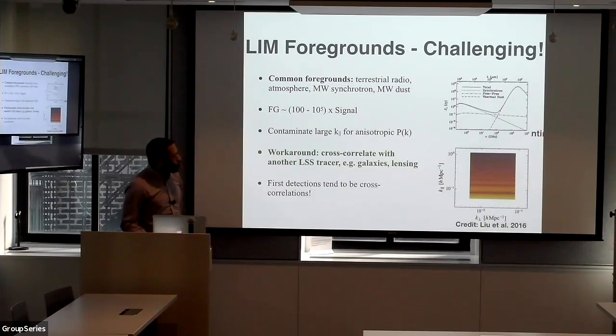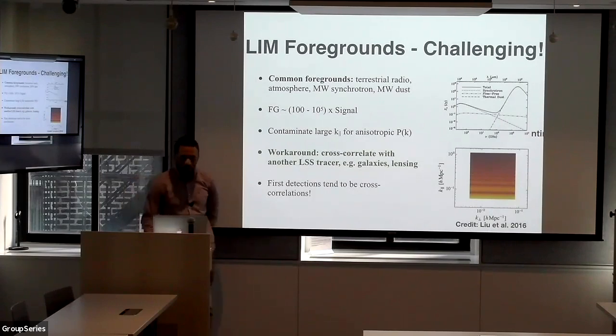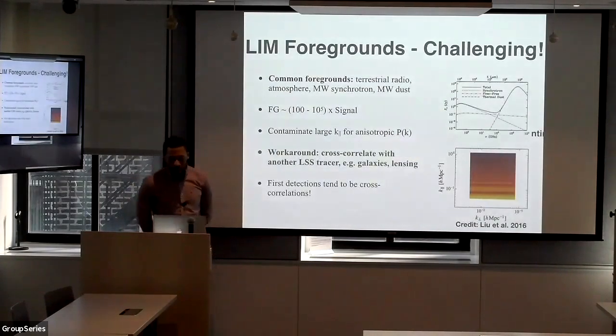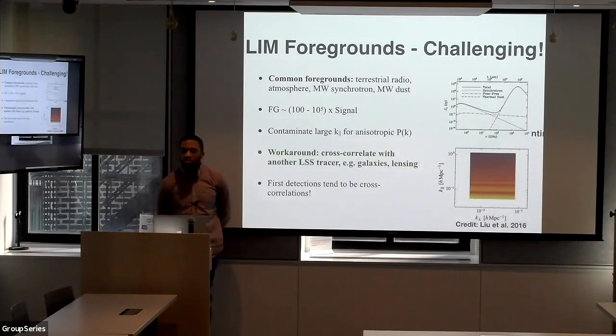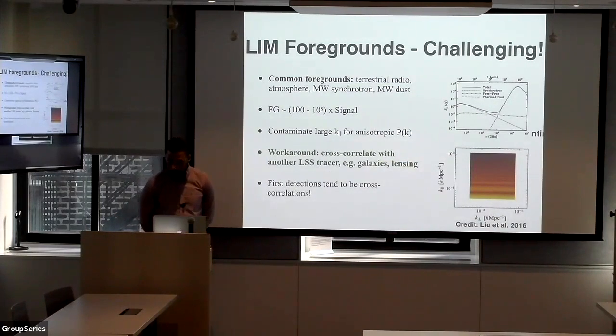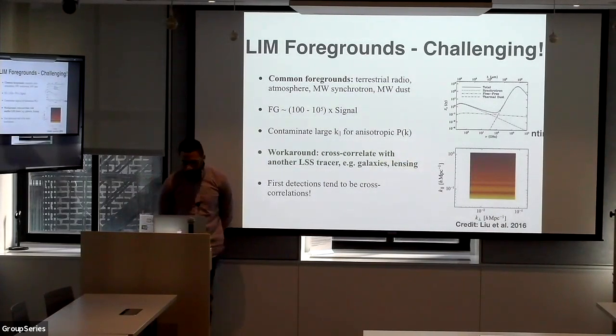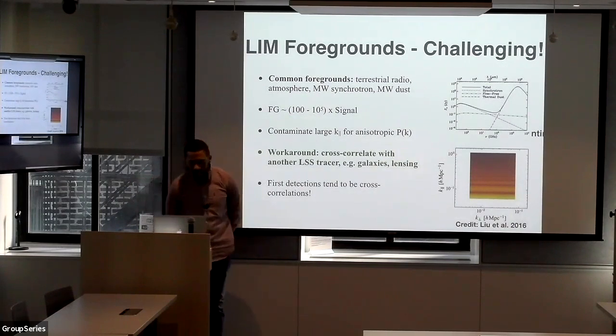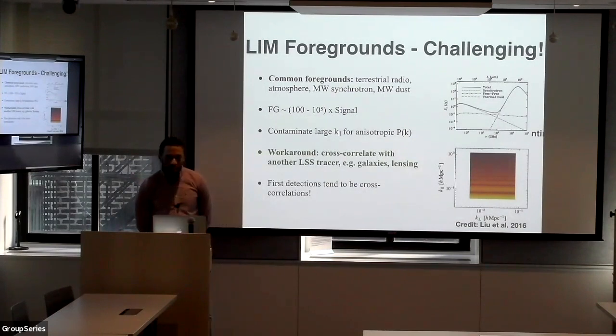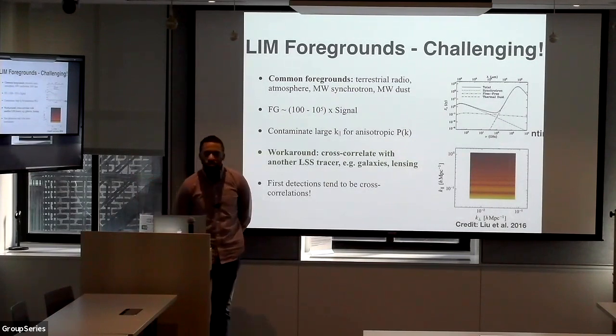In particular, cross correlations help with this. We haven't detected the auto, but cross correlations have been done by various groups for over 10 years now. If you cross correlate an intensity map like 21 centimeter with a galaxy survey, those two tracers don't have the same foregrounds.